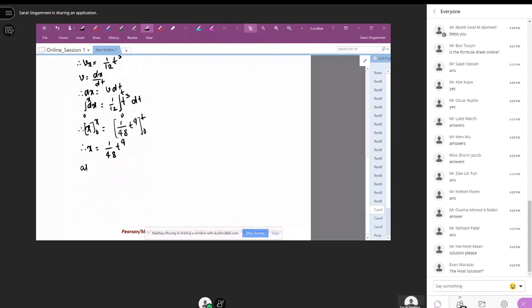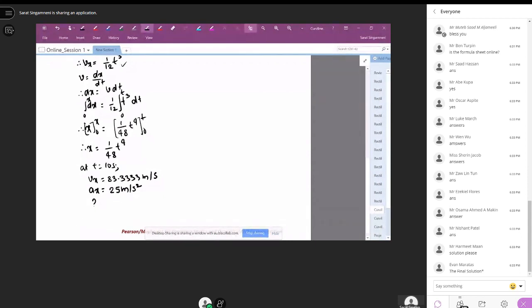At t equal to 10 seconds, vx is equal to, substitute that in the equation for vx, which is this one, you will get 83.3333 meters per second. ax, substitute in the equation for ax, which is 1 over 4 t squared, 25 meters per second squared.